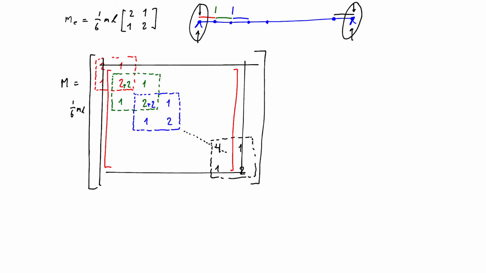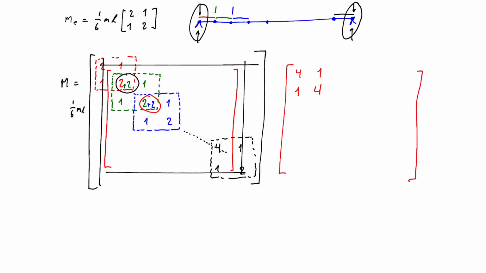By doing that, we now have a reduced size matrix with a value of 4 at the upper left diagonal. That is this one in here. And then we will have 1 and 1. The next one will also be 4.